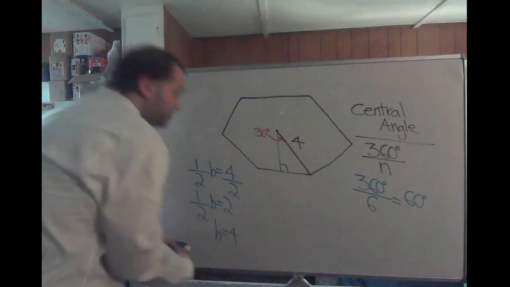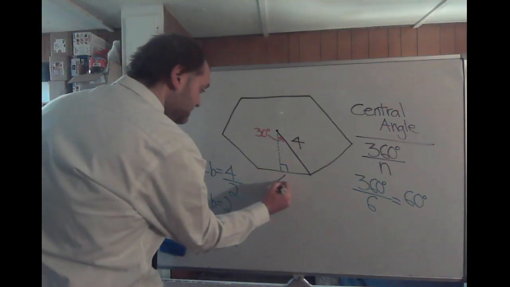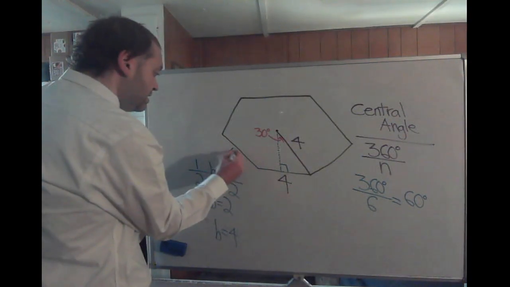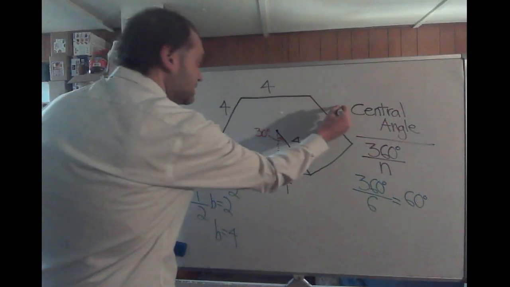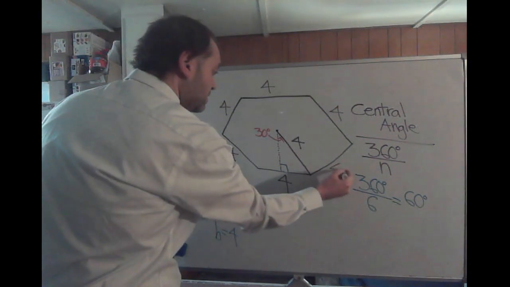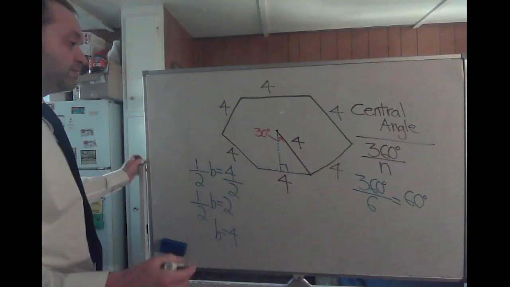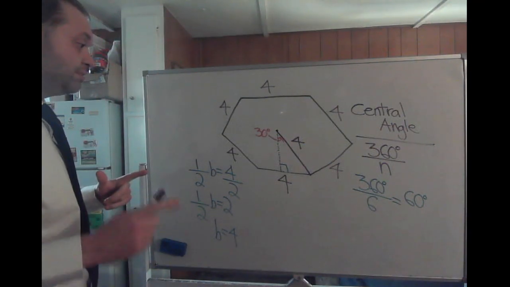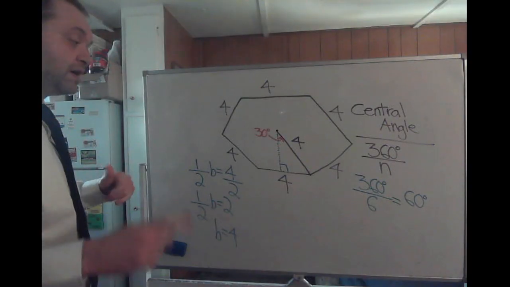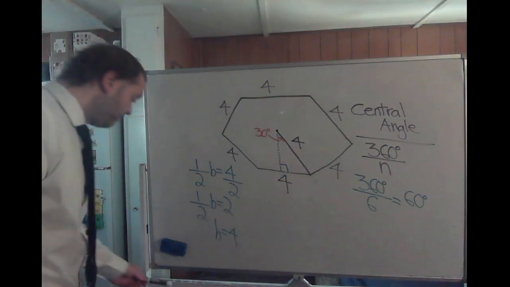And let's go ahead and just fill this out for all these sides now. We know the length of every base, so we can easily find our perimeter. Now, what's the length of the apothem?